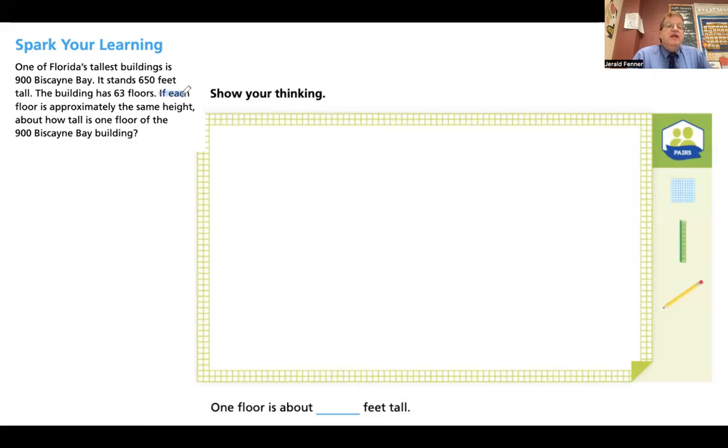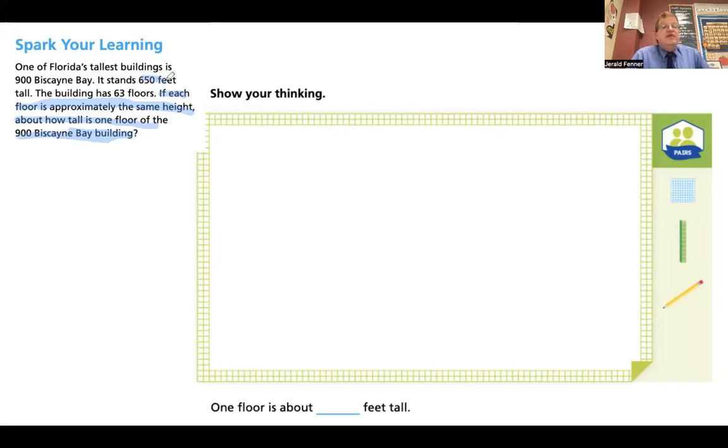If each floor is approximately the same height, about how tall is one floor of the 900 Biscayne Bay building? Second read. What are the numbers? Is 900 important to us? No. It's telling us a location.